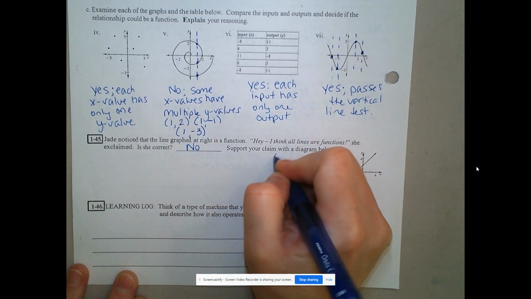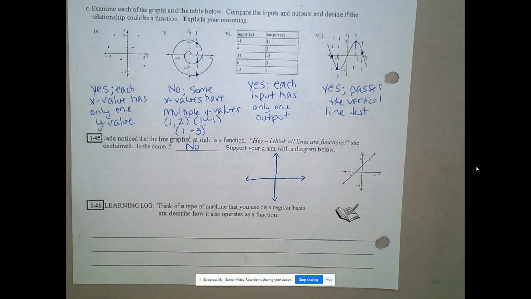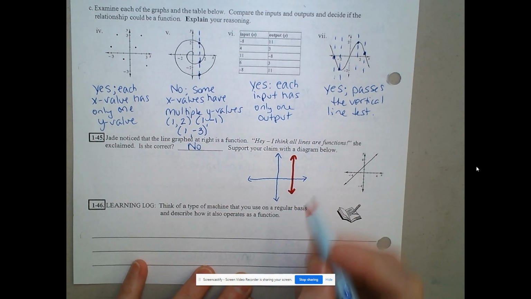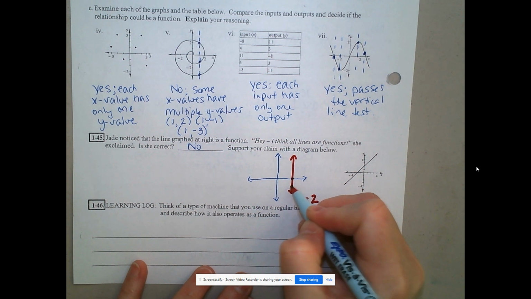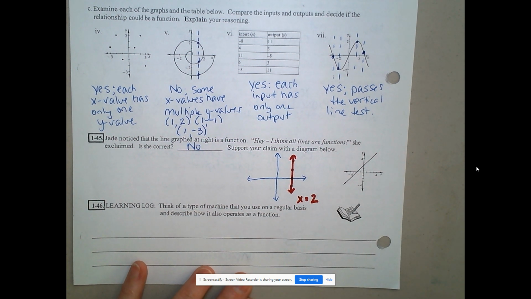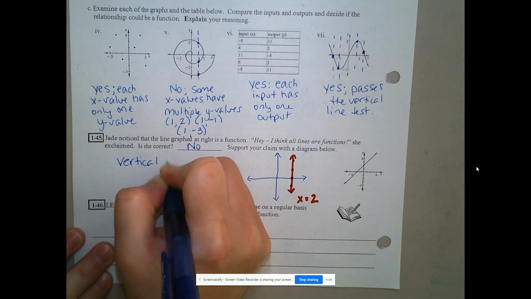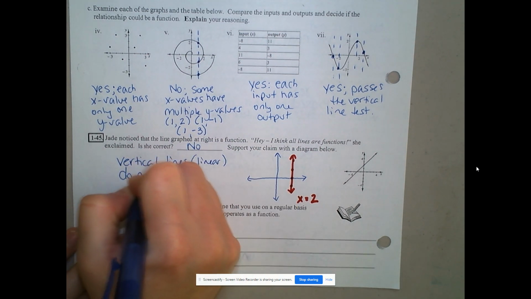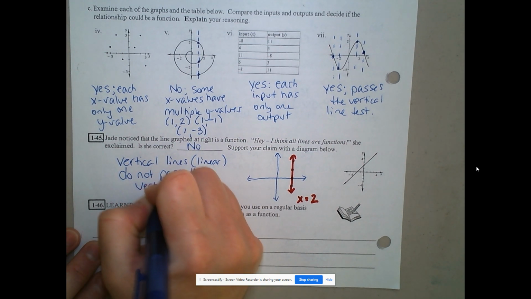No. If you were to graph a vertical line, so if you graphed the equation x equals 2, and you had all these points where x equaled 2, that would not pass the vertical line test. So vertical lines, which are linear, do not pass the vertical line test.